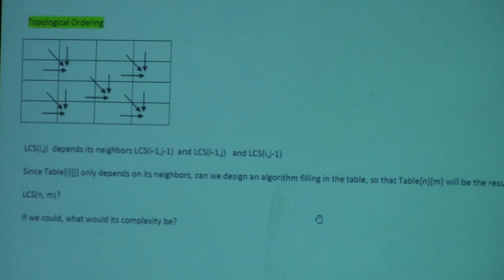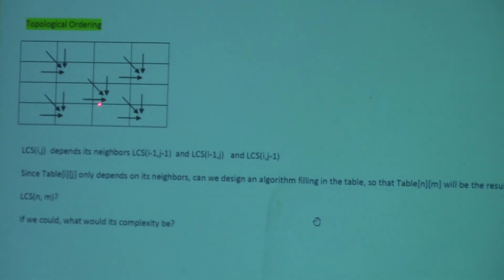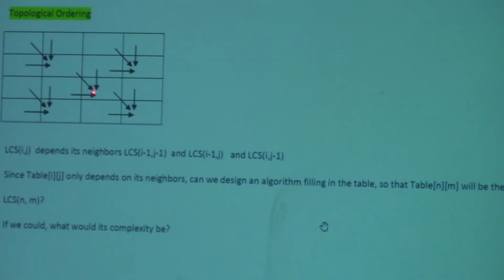So you can see that our topological ordering has a dependency that is shown here. Every cell in the matrix is dependent only on the cell above it, the one to the left of it, and the one diagonal to it. But we know that the first row, row 0, is all zeros.